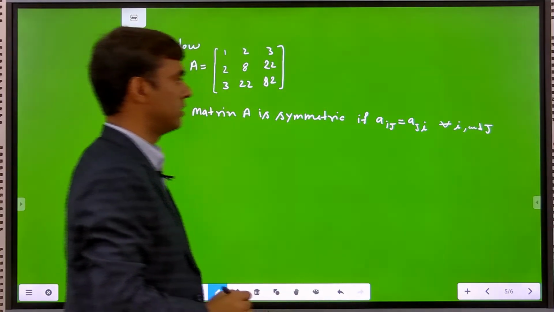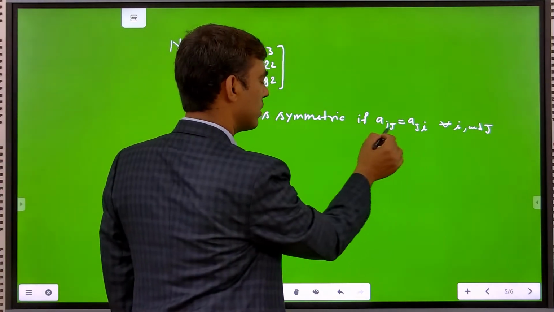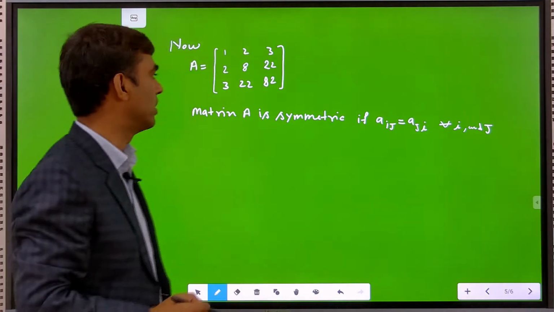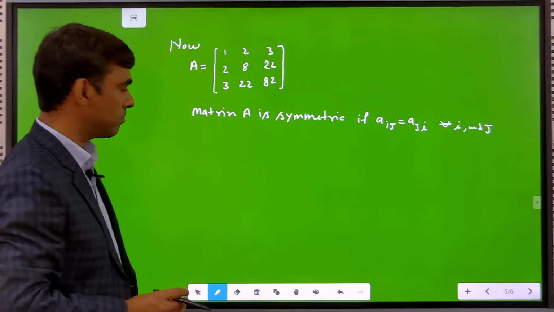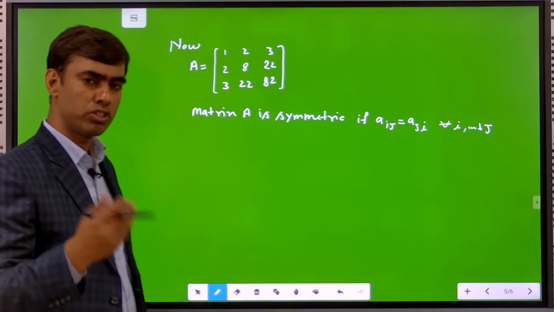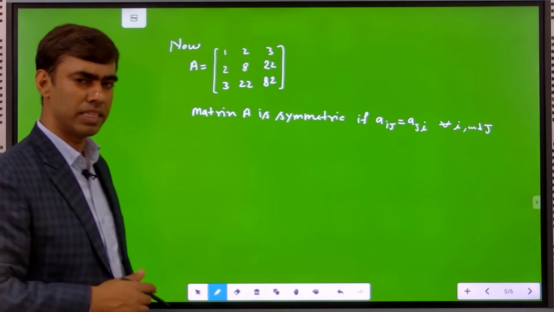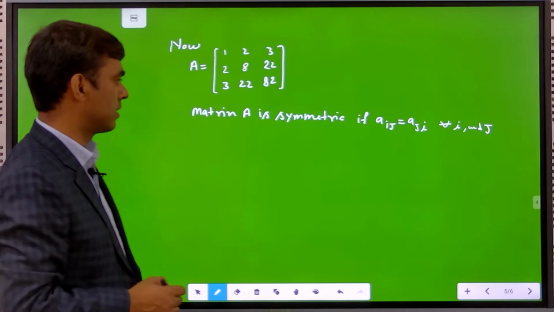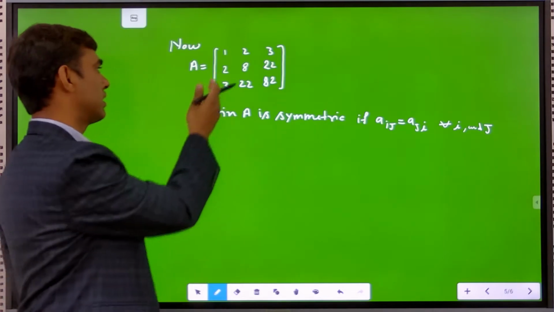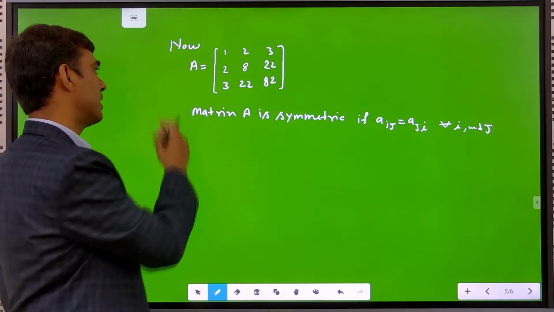That means if i is 1 and j is 2, then A12 equals A21. In other words, if the transpose of a matrix is equal to the matrix itself, then that matrix is a symmetric matrix.